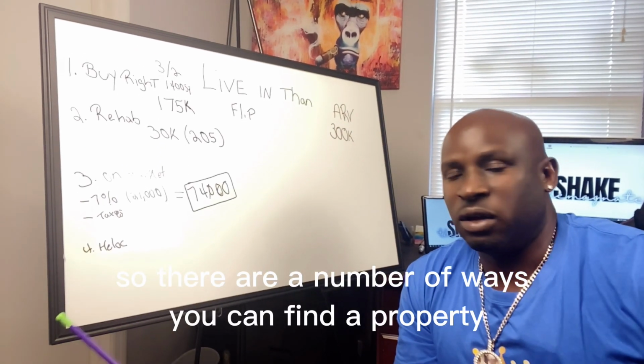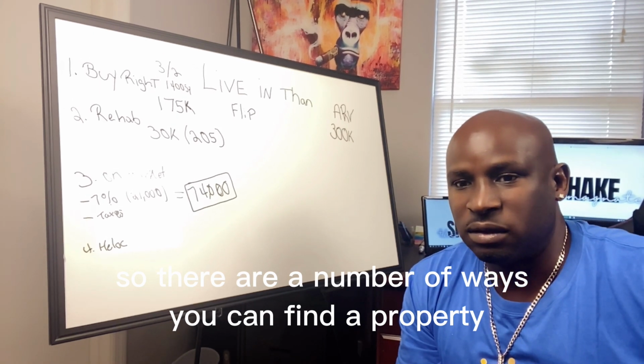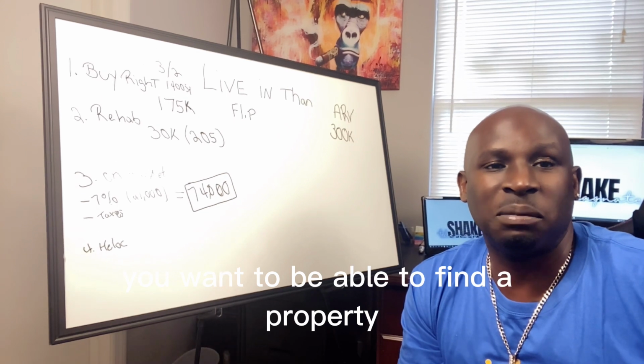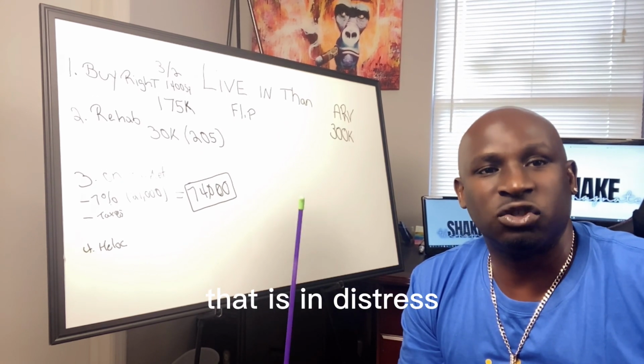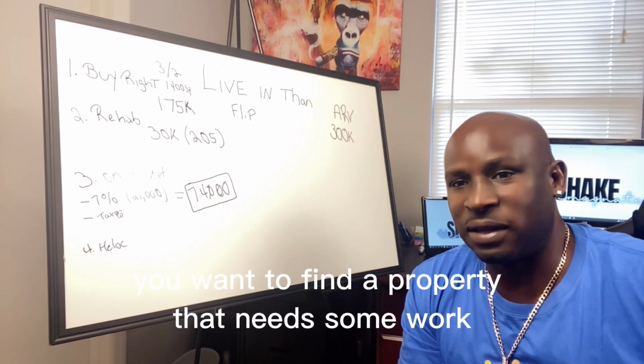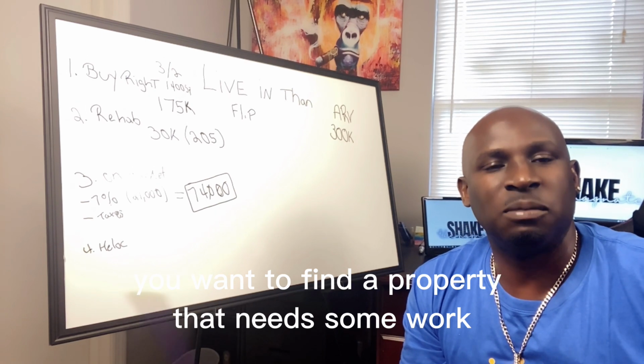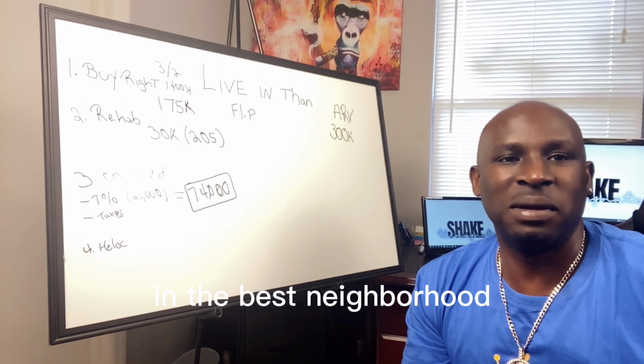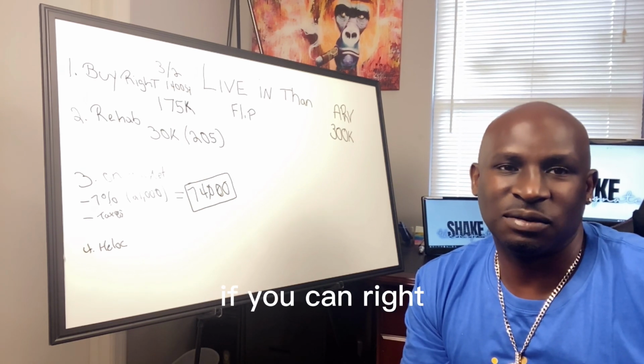There are a number of ways you can find a property, and 9 times out of 10 you want to find a property that is in distress. You want to find a property that needs some work, right? You want to find the worst property in the best neighborhood if you can.